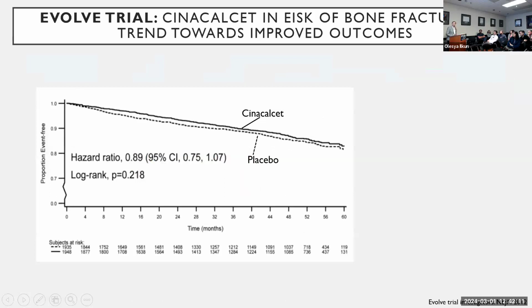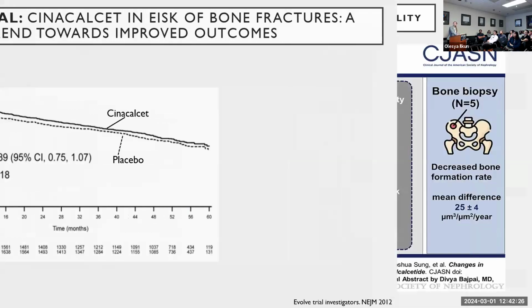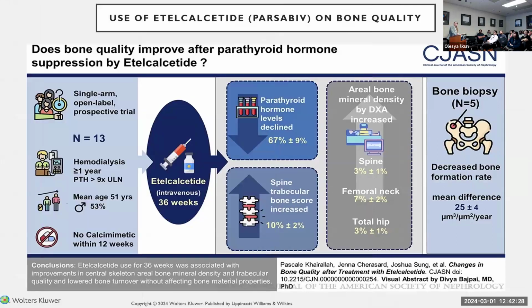All right, cinacalcet. Yeah, it does help a little bit with bone strength, and it does decrease mortality a little bit. It's not significant, it's a trend. This is a New England Journal of Medicine publication. How about its IV cousin, etelcalcetide?